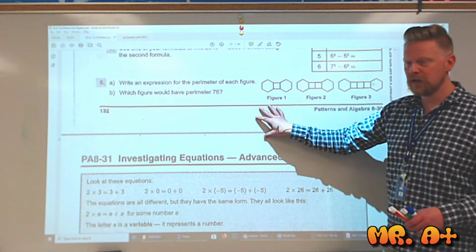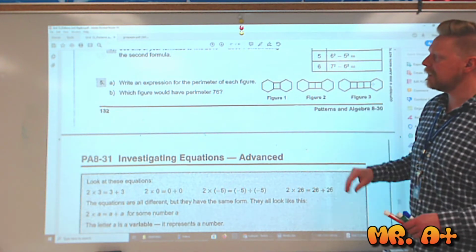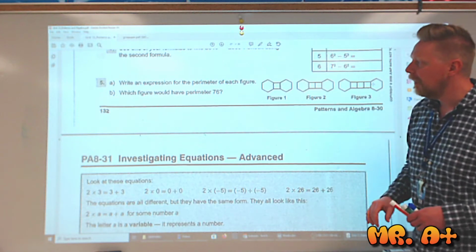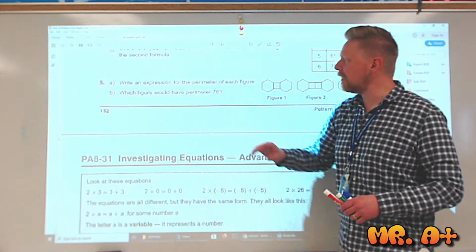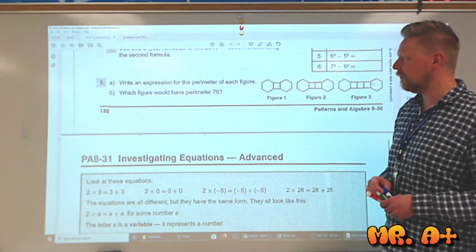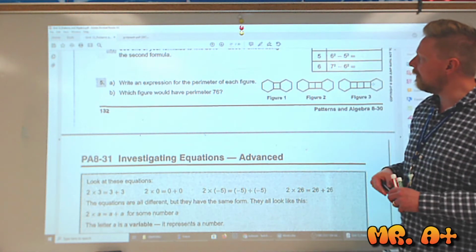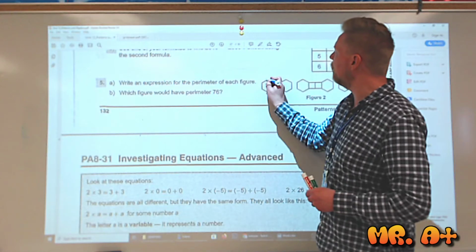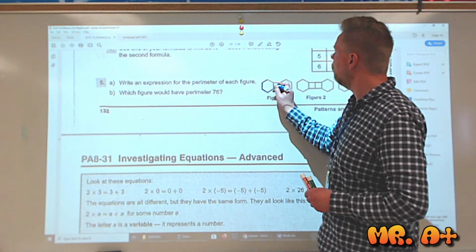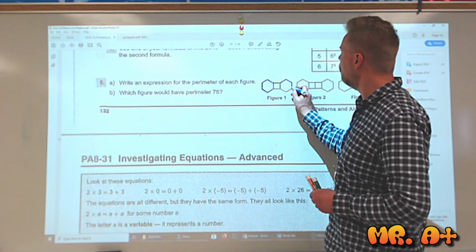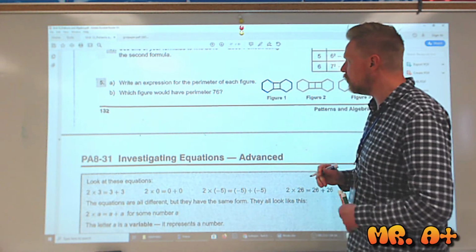This is kind of like question 1 and question 2, where we're simply looking at a pattern. Part A says write an expression for the perimeter of each figure. Now perimeter again is the outside edge. So I'm going to go around and I'm going to count up all of the lengths of the outside edge of each figure. I'm going to do a T-chart.